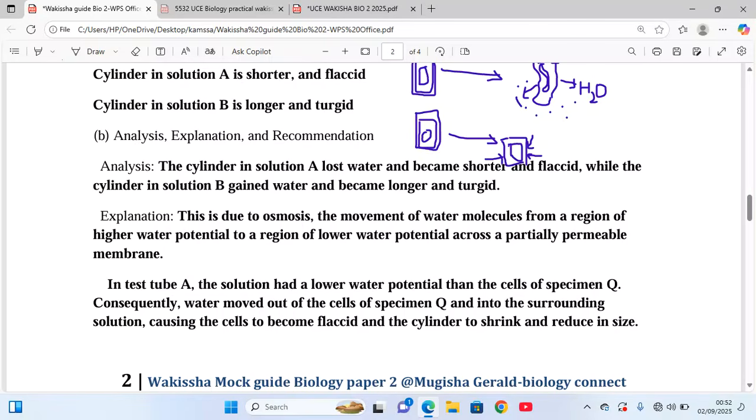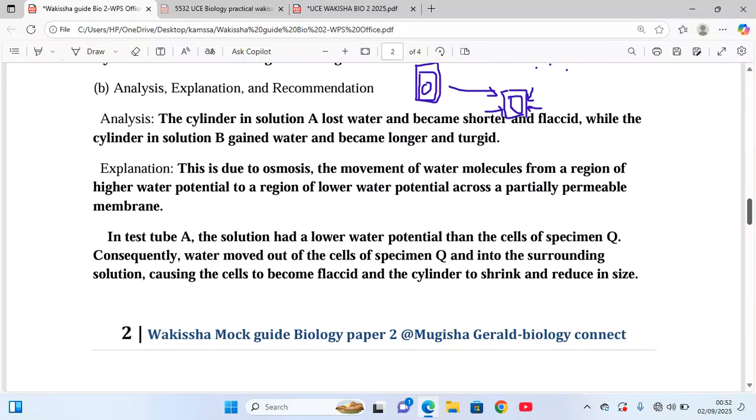Why? Let's continue. This is due to osmosis, the movement of water molecules from a region of higher water potential to a region of lower water potential across a partially permeable membrane.